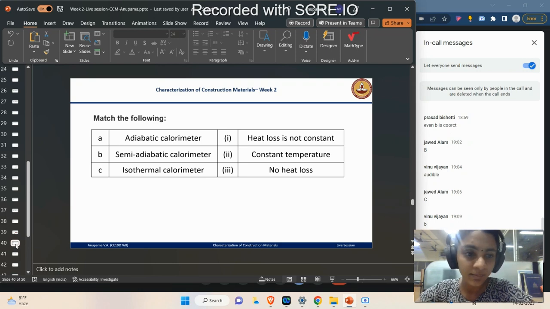You can put the answer in the chat box like A2, B1, C3, or say A1, B2, C3, like that. I'll give time for you to type, but please do respond in the chat box. Otherwise it will just become very monotonous. I'll be the only one speaking, and I will not see any responses.